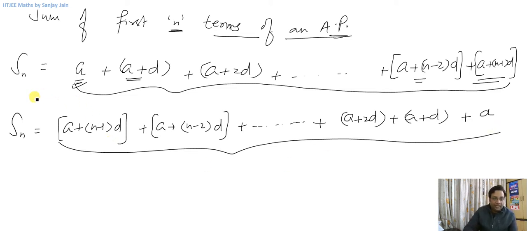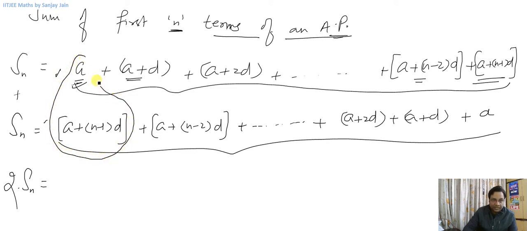Now if you add these two, what will you get on the left hand side? Twice of Sn, twice the sum of first n terms of an AP. Now look at the first term of both these sequences. If you add the first term here and the first term of this expression, you will get 2a plus (n minus 1) into d, right? Now if you add the second term of this sum and the second term of this sum, what will you get?